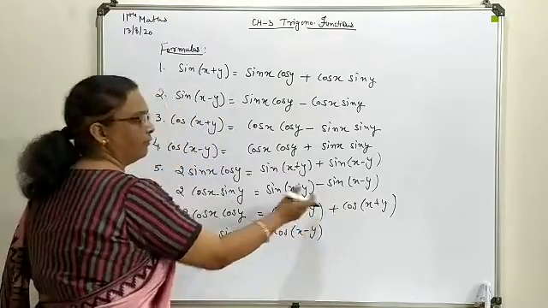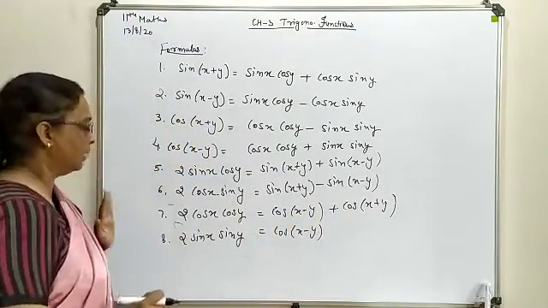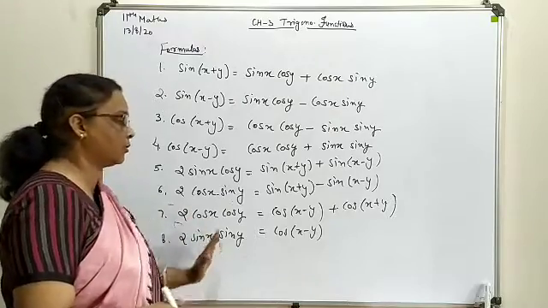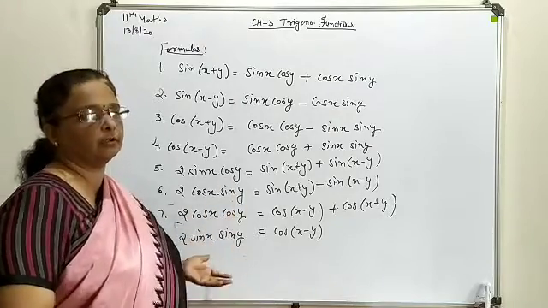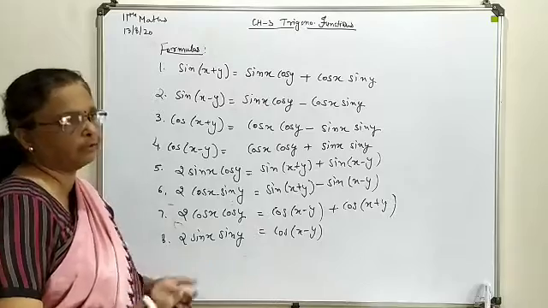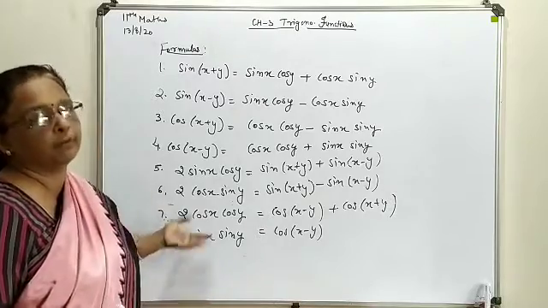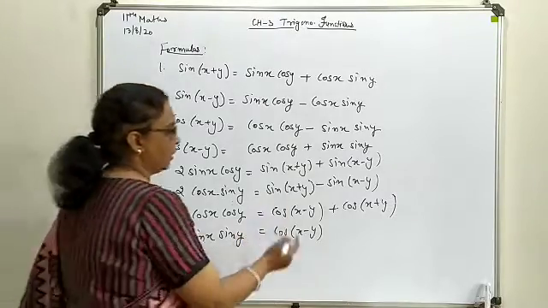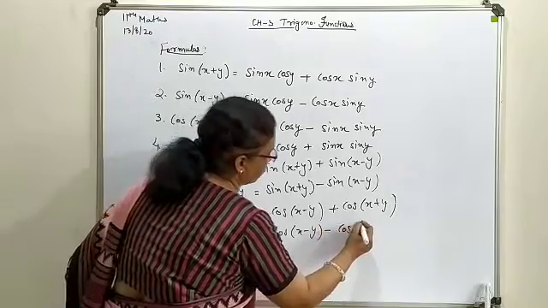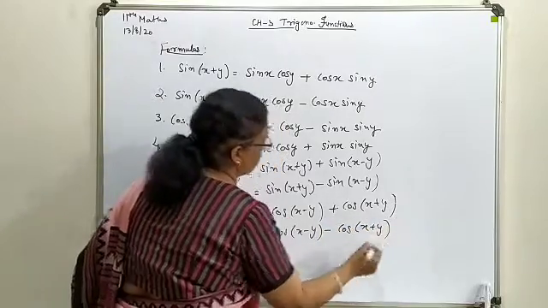In this form anyone you can write, but because of the cos combination it will be better you follow the negative sign first, so you will never make any problem from your side. So here minus cos(x+y).